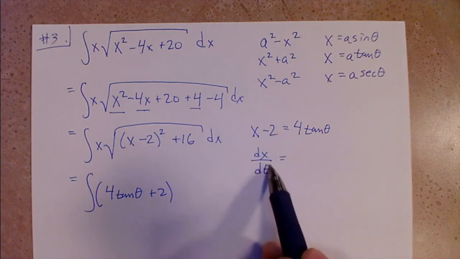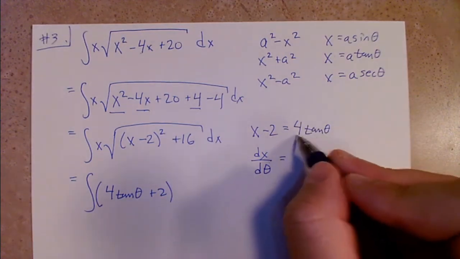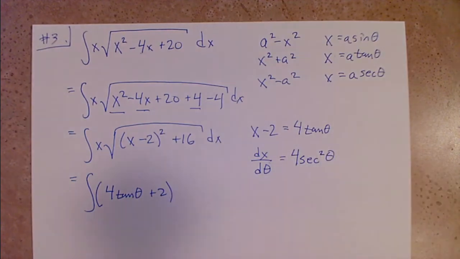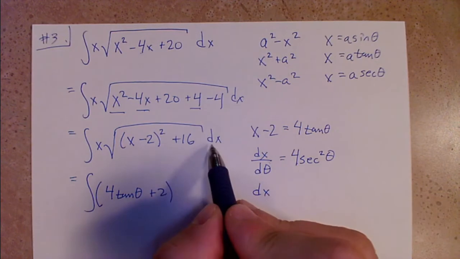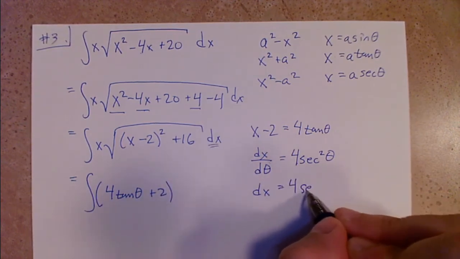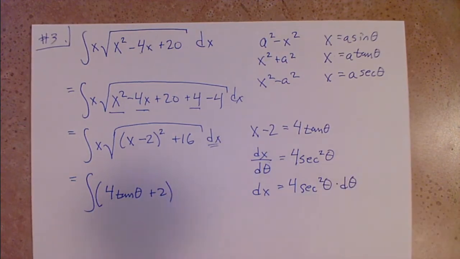I'm differentiating with respect to theta. 2 is constant no matter what. The derivative of any constant is 0. The derivative of 4 tangent theta is 4 secant squared theta. And so when I want to replace my dx, which I need to do at some point right here, that's going to be 4 secant squared theta times d theta.